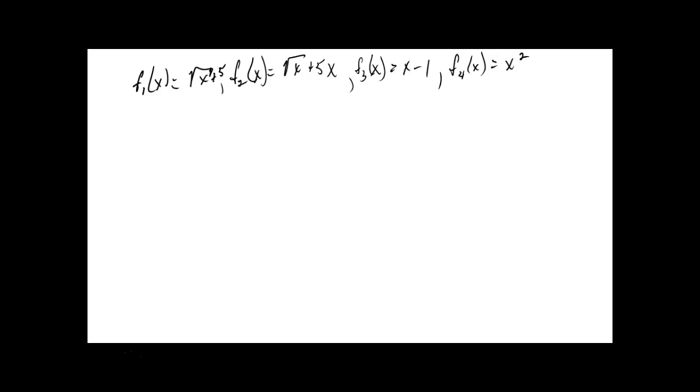Now, what we want to know is whether there's some combination: C1 times the square root of x plus 5, plus C2 times the square root of x minus 5x, plus C3, plus C4, equals 0.